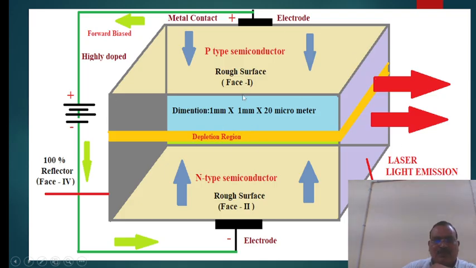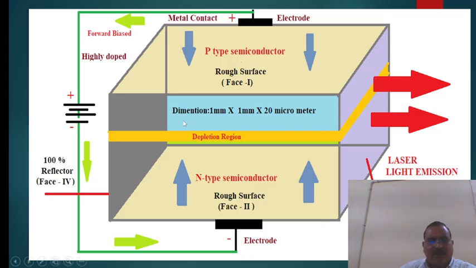The dimensions of this wafer are 1 millimeter length, 1 millimeter breadth, and 20 micrometer height. Only small like this. Now these two faces, face 1 and face 2, are rough surfaces. Why are they made rough? To suppress the oscillations of light in other directions.